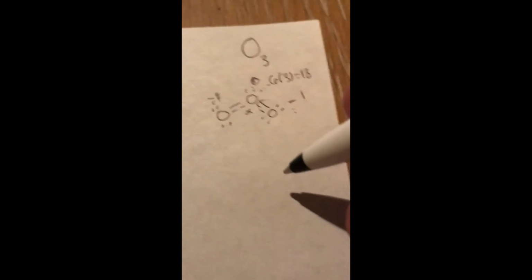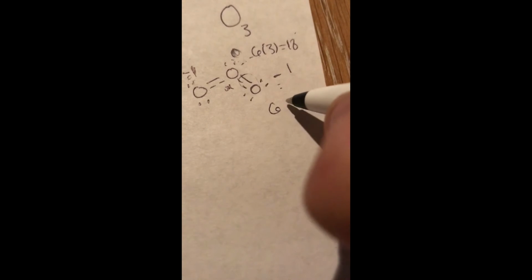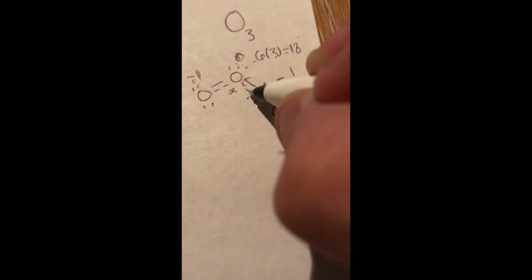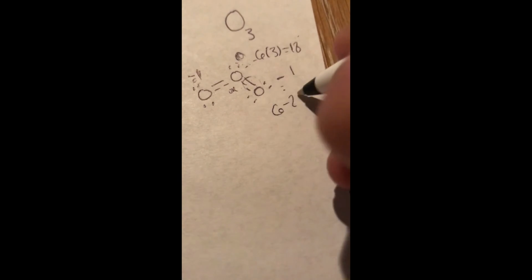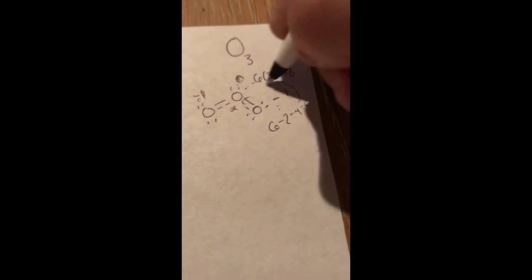And how we found those is we just did the number of valence electrons minus the number of bonding, where depending on how you draw it, it might be 2 minus that. It just all depends on how you draw it. Like I said, the most confusing one to work with.